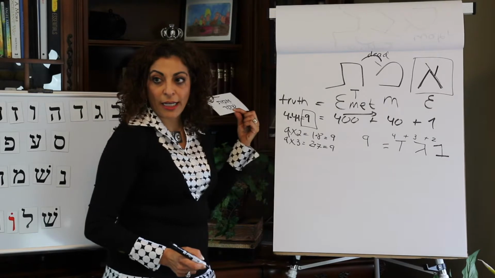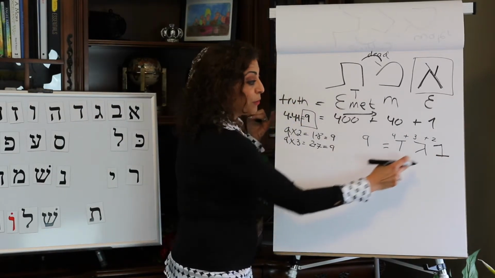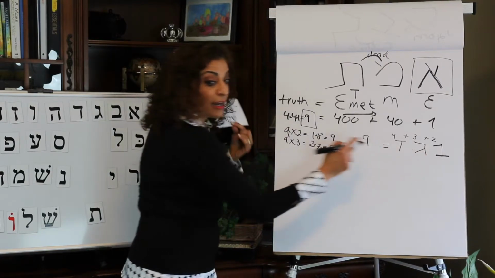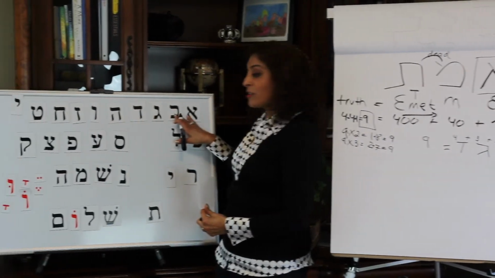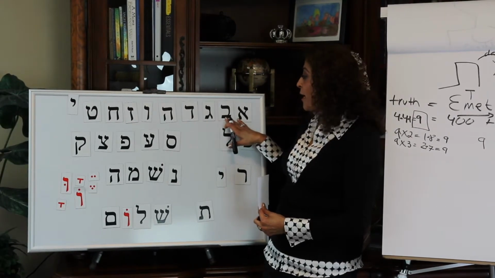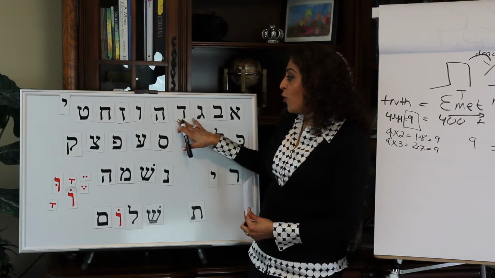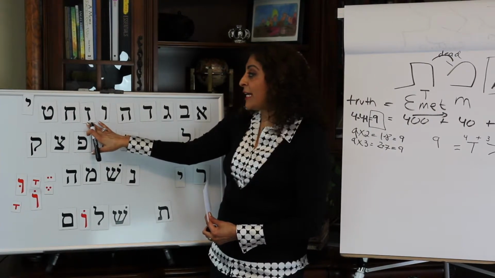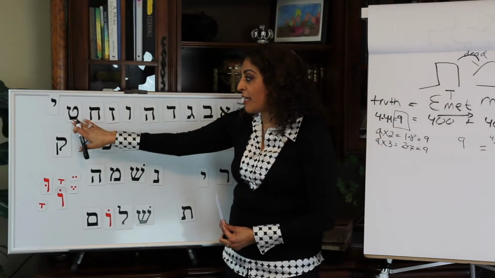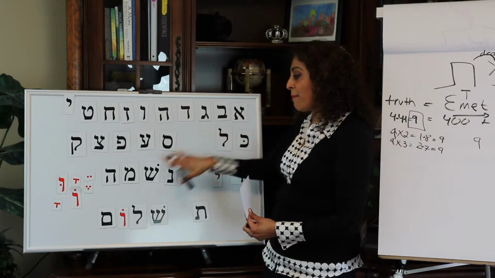You got it. 9. Truth. Why did I take Bet, Gimel, and Dalet? Because it was the order of the letters. I started with the first letter of the Torah, and I got Bet, Gimel, Dalet. Now the next 3 are going to be Hey, Vav, Zain. The next 3, Chet, Tet, Yud. The next 3, Kaf, Lamed, Mem, which is right here.